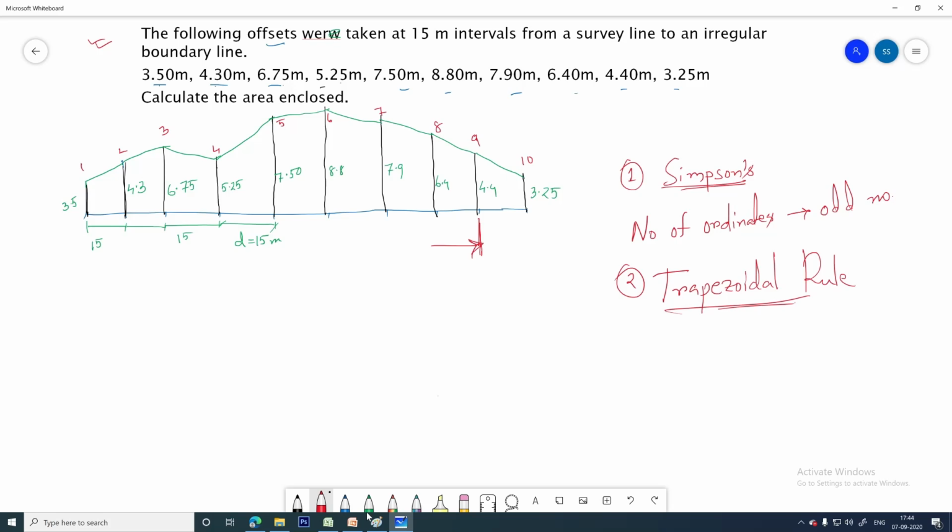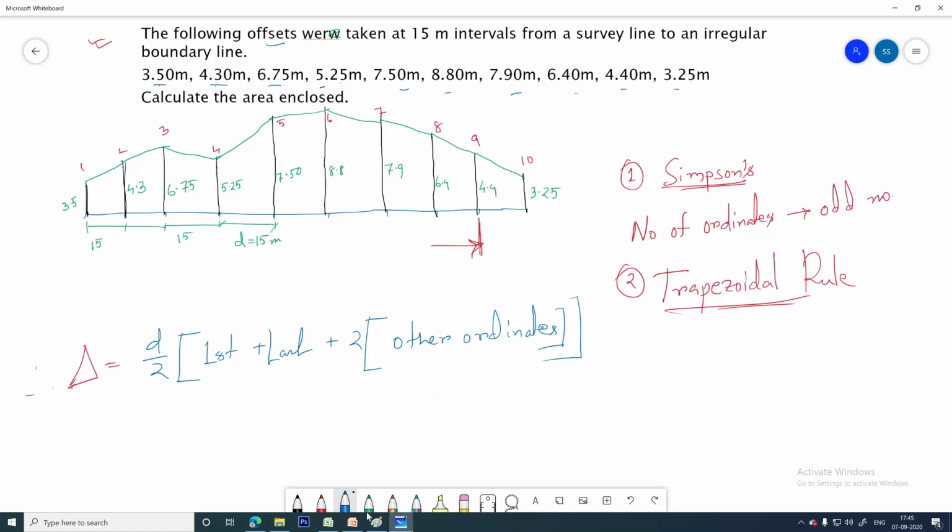The total area formula will be d by 2 into first ordinate plus last ordinate plus 2 into other ordinates. This is the formula, right?